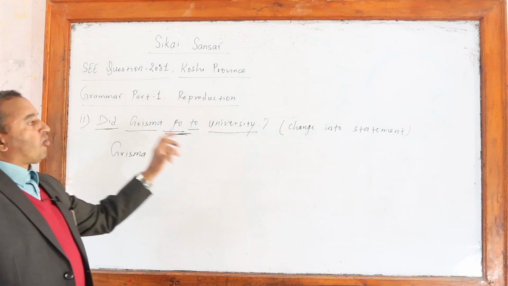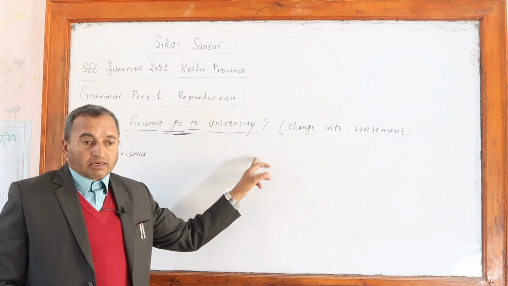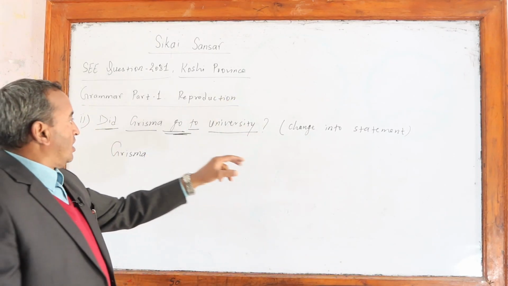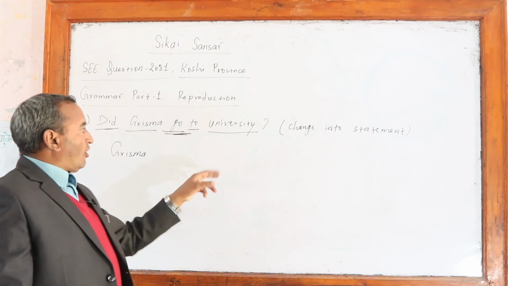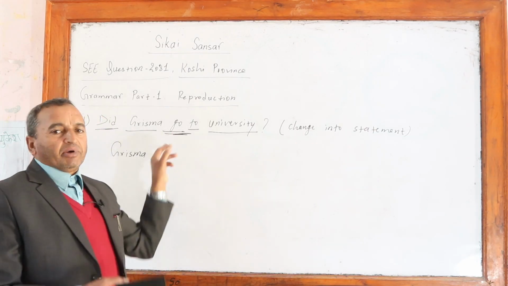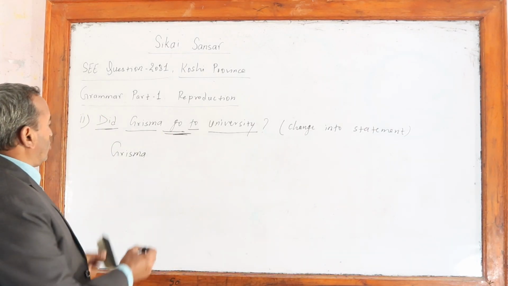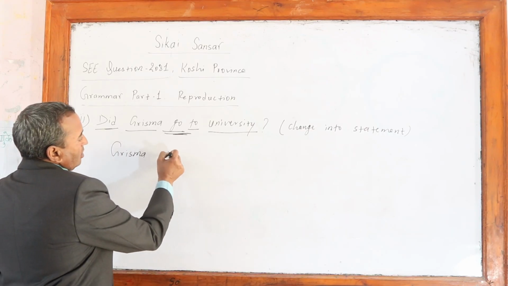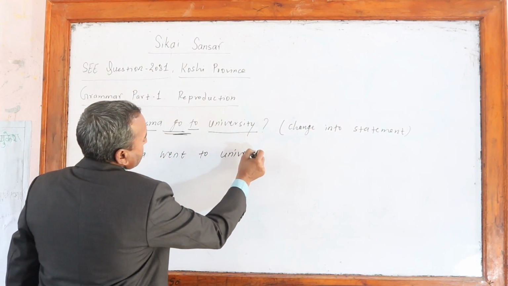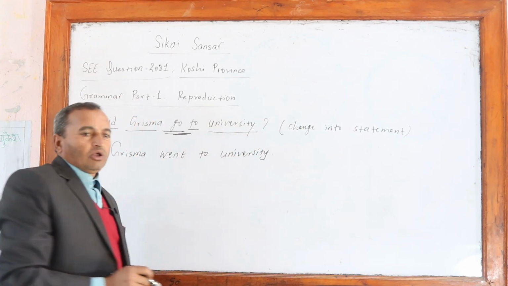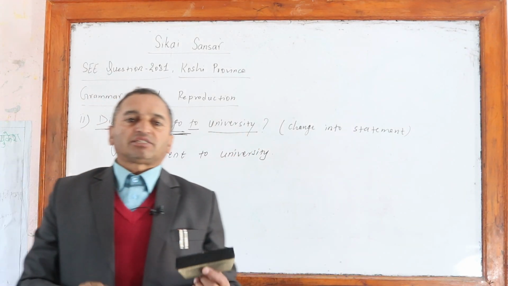So now, while changing a question into a statement, we have to use the V2 form. What is the V2 form of go? Go, went, gone, going, goes. So V2 is went. So, Grishma went to university. Now it has become a statement.